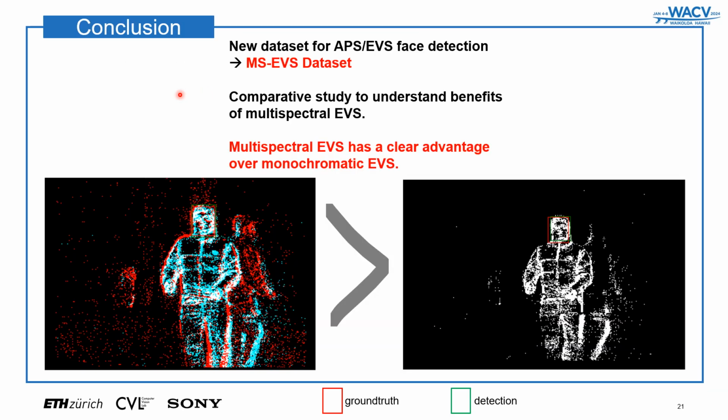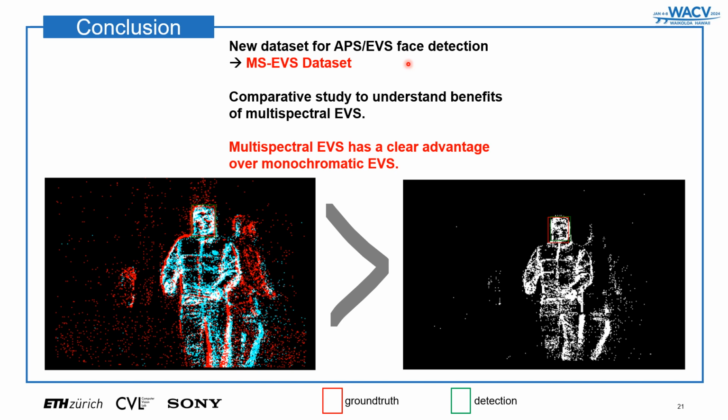In conclusion, we tried to carry out the first explorative study on multispectral event-based data. We built the MS-EVS dataset, which is composed of 2 large-scale phase detection datasets with synchronized RGB APS and EVS data, thanks to simulation.